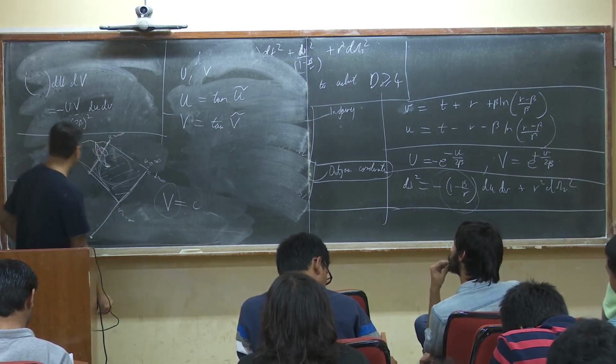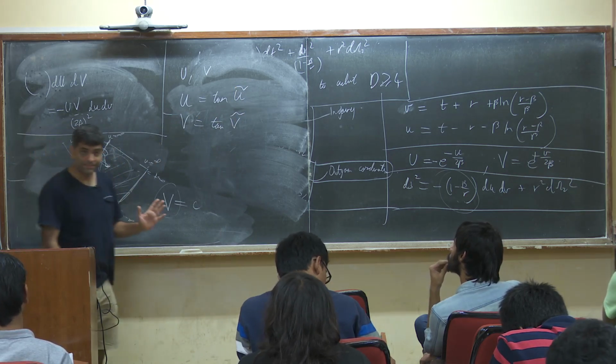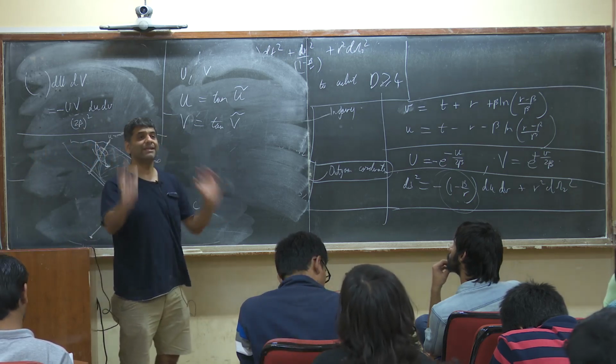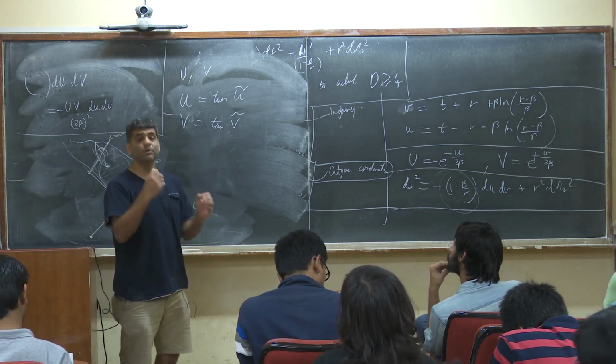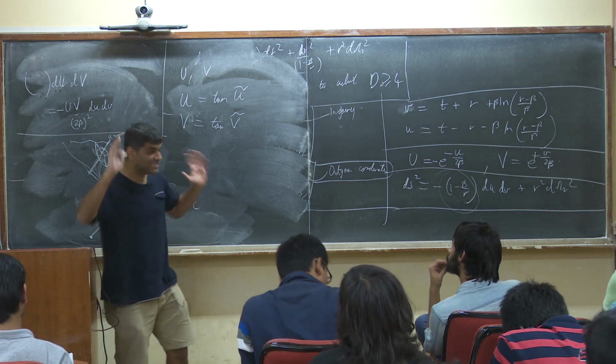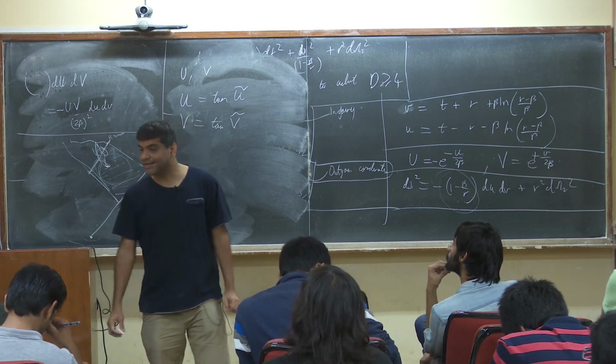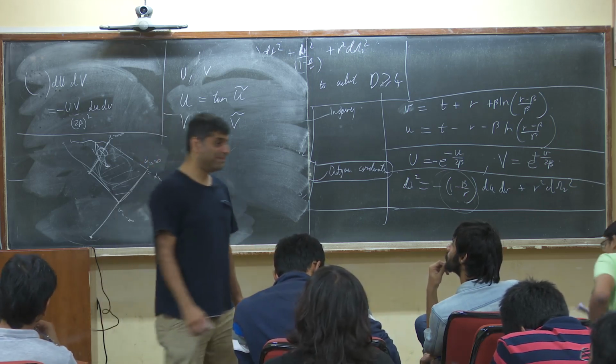Naively, u and v run from minus infinity to infinity. That's our postulate. Therefore, u tilde and v tilde run from minus pi by 2 to pi by 2.